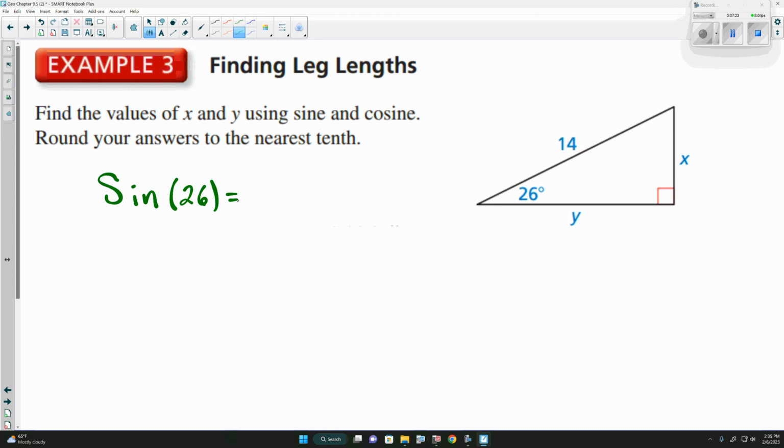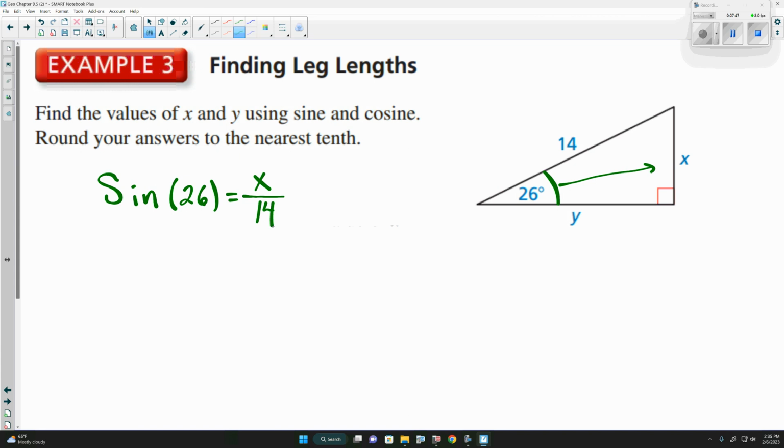Sine is what over what? The opposite side length over the hypotenuse. So what's the opposite side of 26 degrees? The opposite side would be x, and the hypotenuse is 14. So sine of 26 degrees is equal to x over 14, opposite over the hypotenuse.